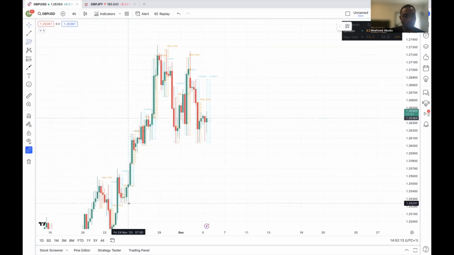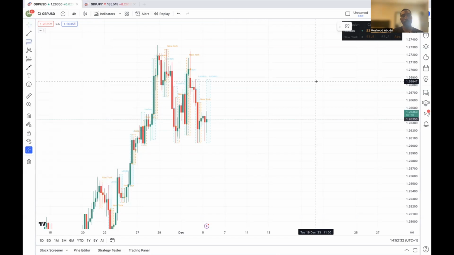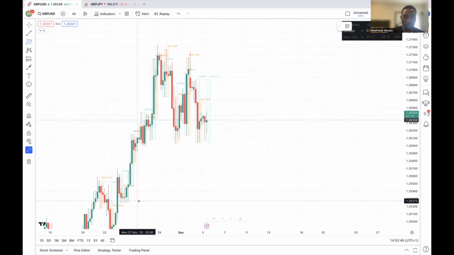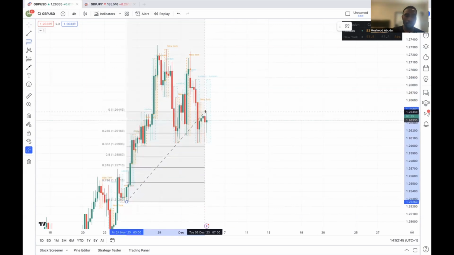So when I pull my tool, remember when we are in a buy position, we have to start placing our Fibonacci from the higher low to higher high. Which is what we're doing right now. So we started from higher low to our previous higher high here. So this is number one. We can call this one higher high and higher low.